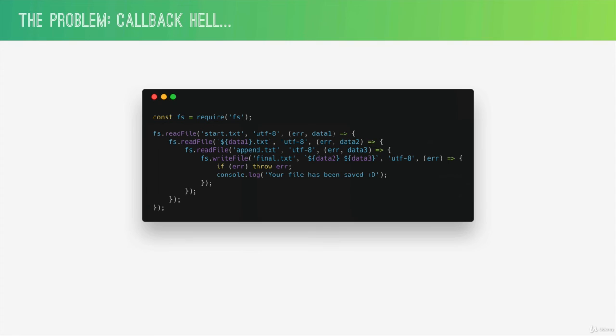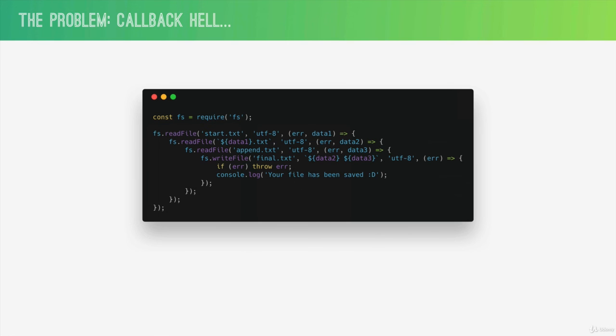Just take this example where the second file read depends on the first one, then the third file read depends on the second one, and finally we want to use the final data to write a file as a result. That looks quite confusing, right? I mean, it's gonna work just fine, but it's just hard to reason about. And that is just with 4 levels deep. Imagine you had like 10 or 20 levels, which is actually not that uncommon.